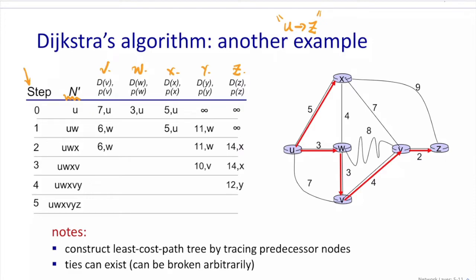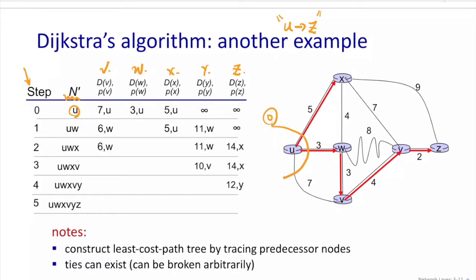So at the very beginning, we have node U in N prime, at step number 0. After you include one new node in N prime, you simply draw a line, something like that. That is step number 0.